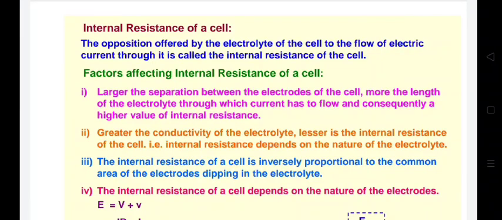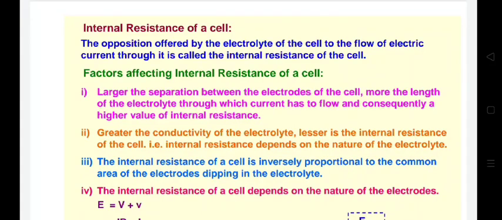The terminal potential difference of the cell is equal to the work done for the flow of unit charge in the external circuit. V is equal to W external upon Q. When a voltmeter is connected across the cell terminal, it reads the potential difference V and not the EMF.